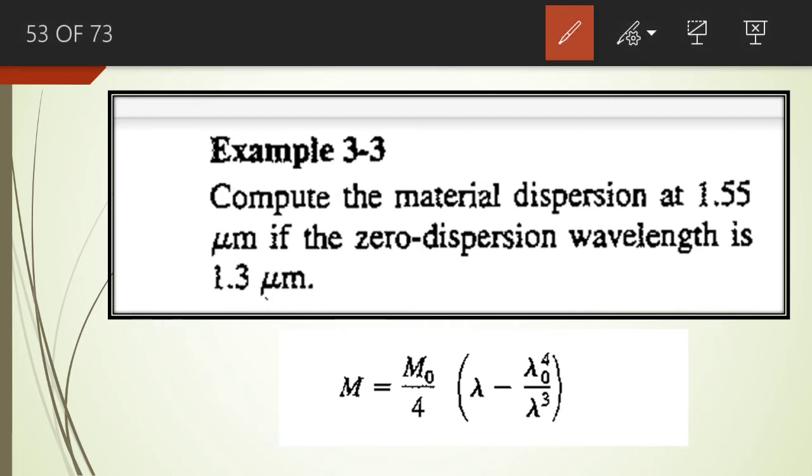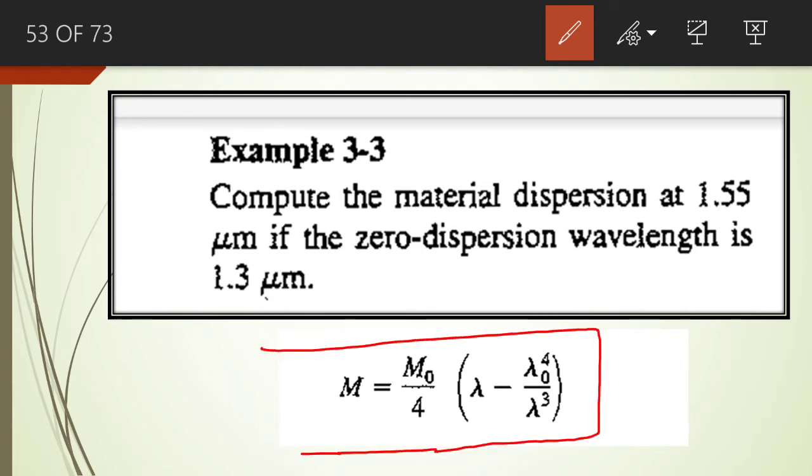Example number 3.3 says calculate the material dispersion. Basically we need to find out the value of m at 1.5 micrometer if the zero dispersion wavelength is 1.3 micrometer. We will find out the material dispersion with the help of this particular equation, and we will consider all the wavelengths in nanometer.